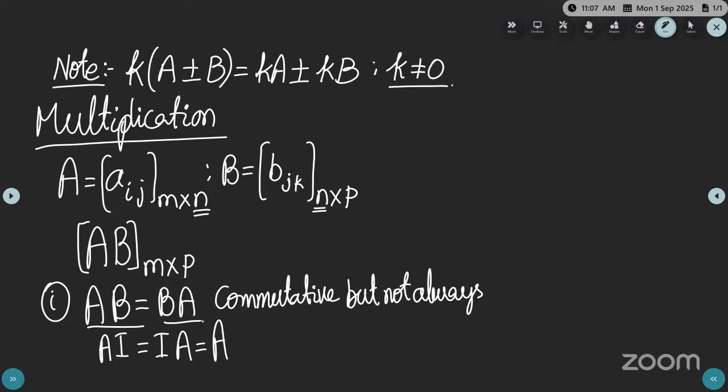That is true, but the assumptions are AI equals IA equals A. Write down. For example, A into identity matrix I equals identity matrix I into A equals A.